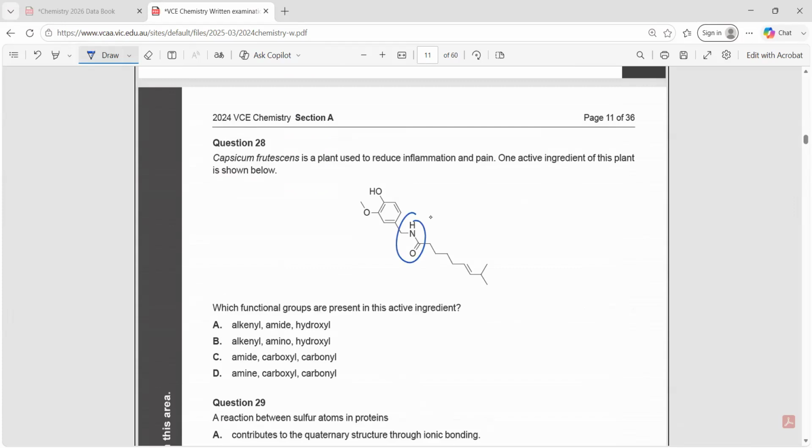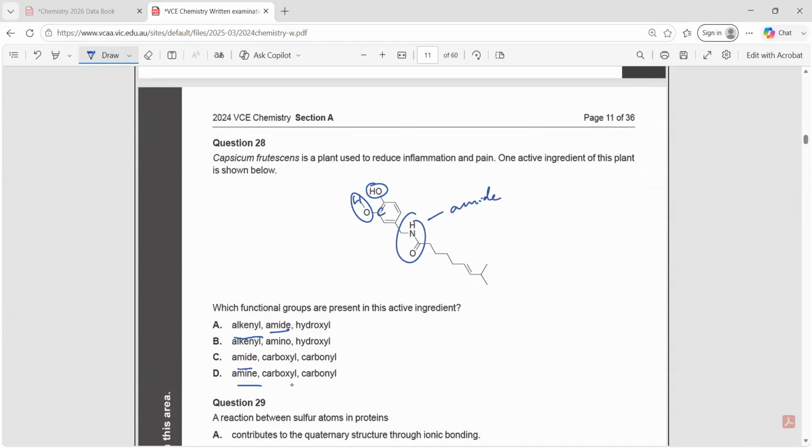So CONH there, that's an amide. Then you've got, what is that? That's a carbon that's connected to OH and an OH. Okay, so we definitely have an amide.